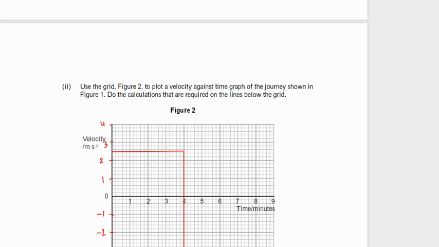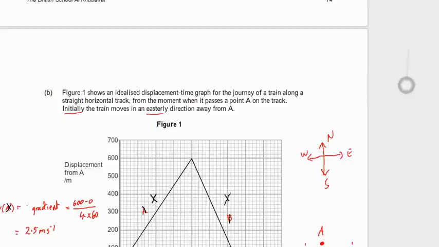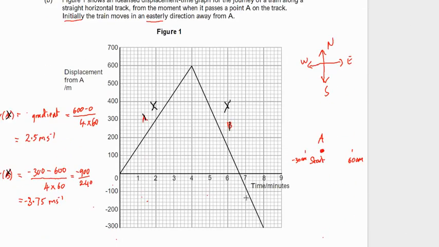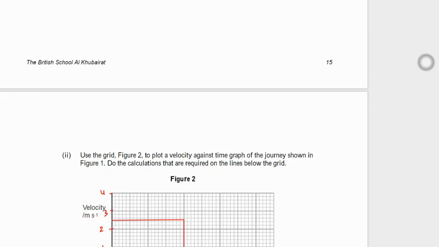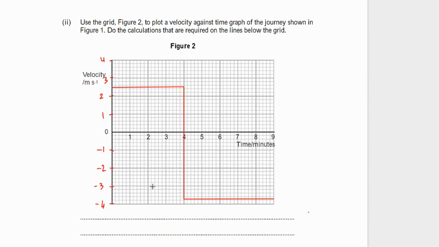Constant speed, so that's a horizontal line. And then the second part of the journey, we know it's another constant speed. It was a constant gradient here of minus 3.75 meters per second, and that works out with my scale as well.